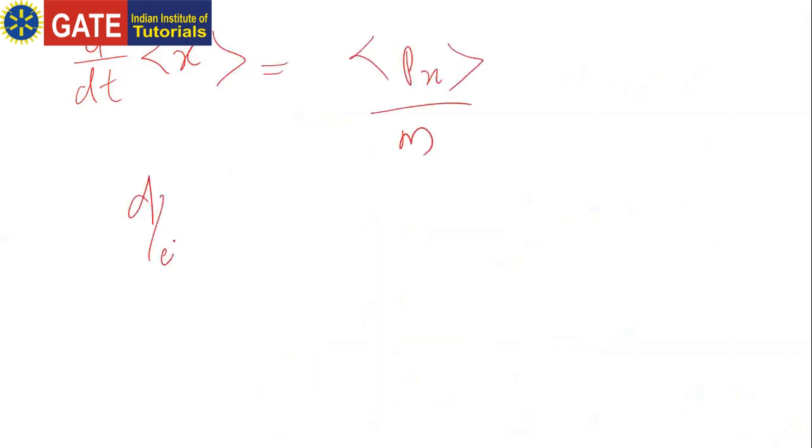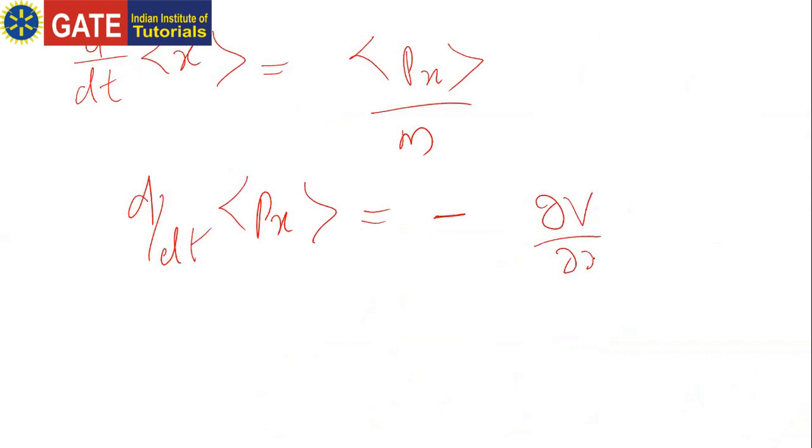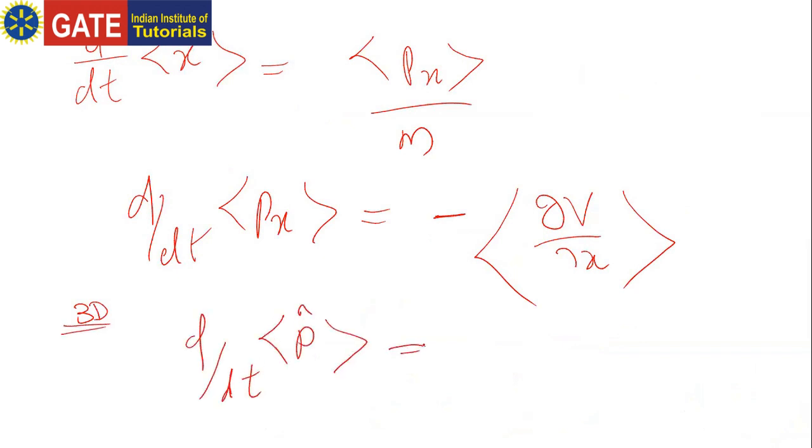Therefore, d by dt of expectation x equal to expectation px by m, d by dt of expectation px equal to minus dou v by dou x expectation. In 3D, d by dt of expectation p equal to minus del v.